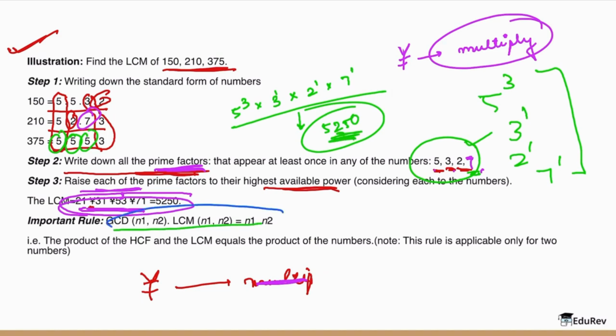Now this is one of your rules: the GCD of two numbers multiplied by the LCM of those two numbers is nothing but the product of those two numbers. So what does the rule say?